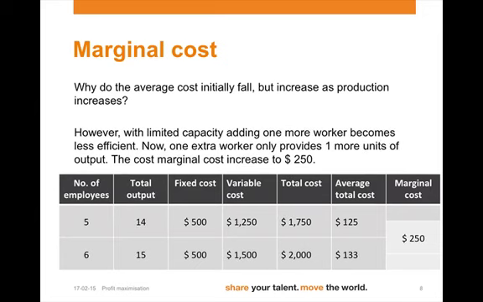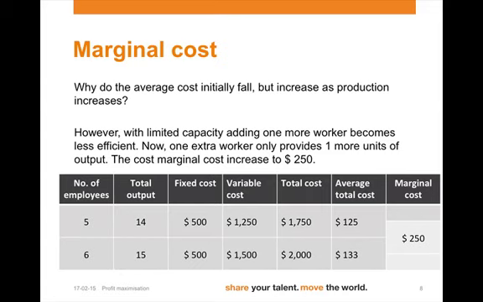If we look at 5 to 6 employees, we notice that the increase in output is only 1, whereas the cost increased by 250. That means that the marginal costs are 250. In other words, if the company hires 5 employees and wants to increase its output by 1, it will have to hire another worker.